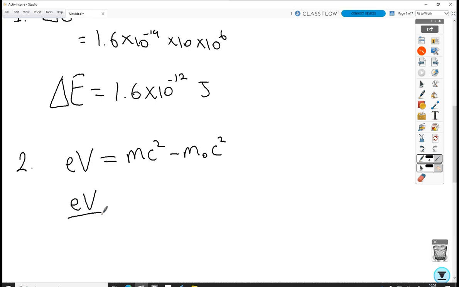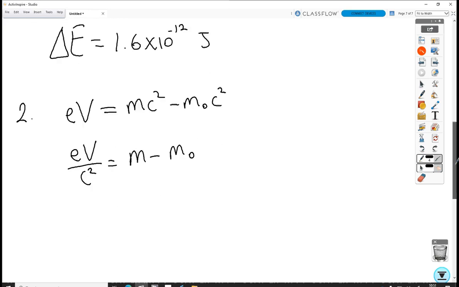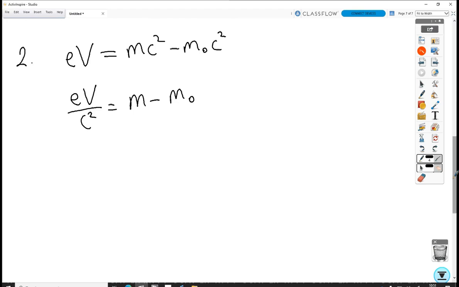So EV over c squared is equal to m minus m naught. And then we move m naught over to find its new mass in terms of m naught. So m is equal to m naught plus EV over c squared.